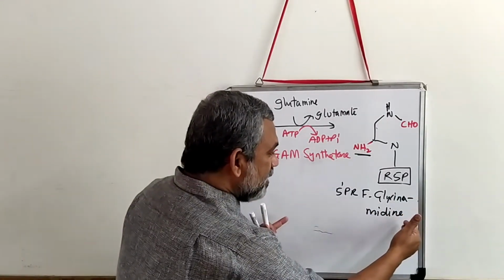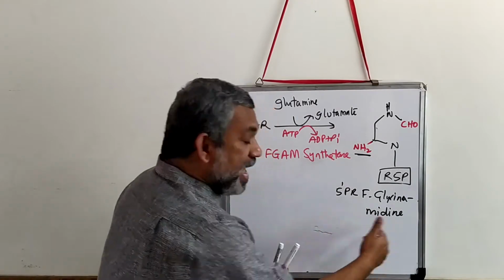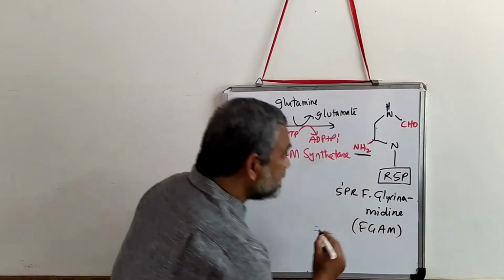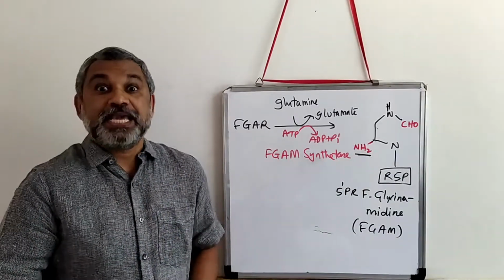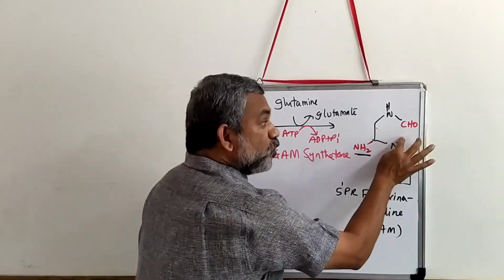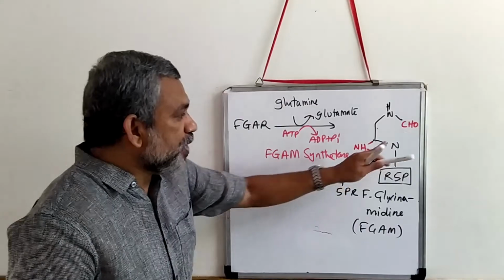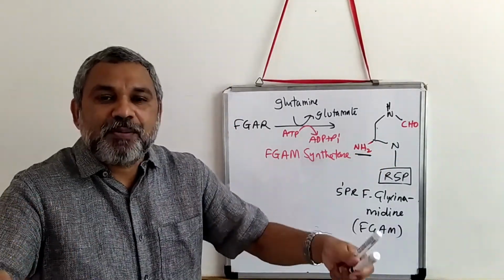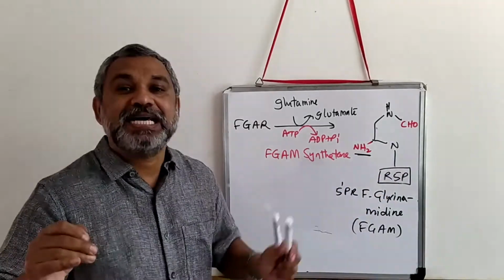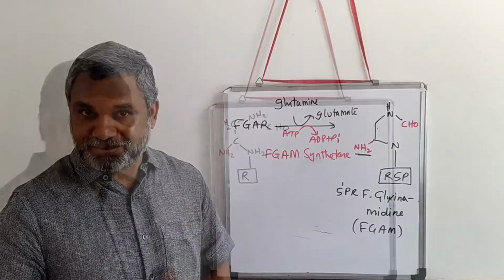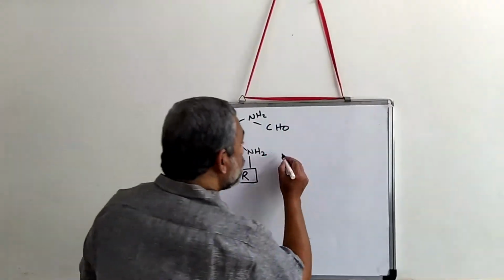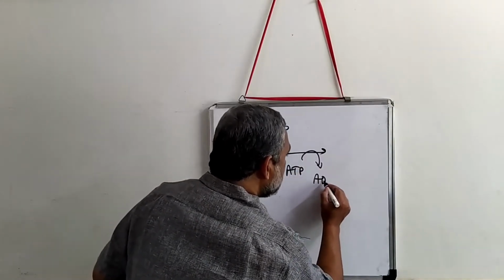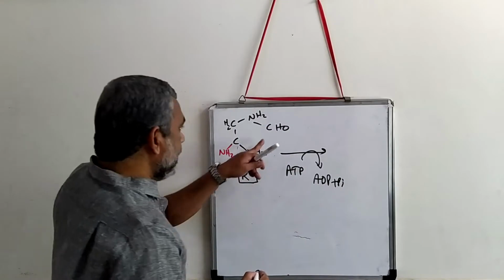Once this FGAM is formed, the next step will be to close this ring. Now, in order to close the ring, it is very simple. Remove a molecule of water and the ring can be closed. In order to close the ring, an ATP is required, ADP plus Pi.